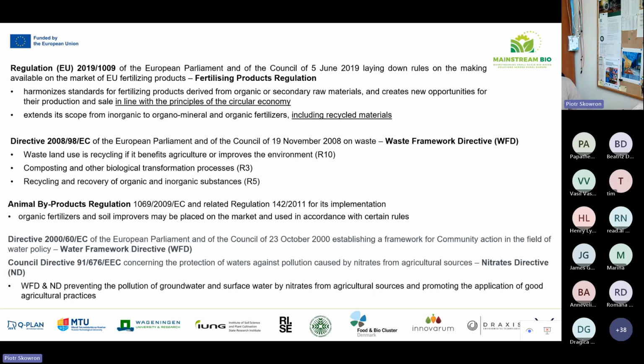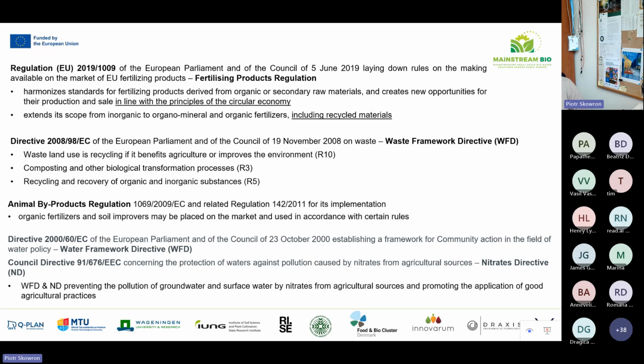And when we talk about policies, strategies, and common agricultural practice, we see that nutrient recycling is strongly supported by European Union policy, and we can find nutrient recycling in many European Union regulations.